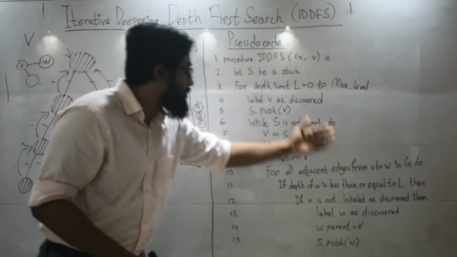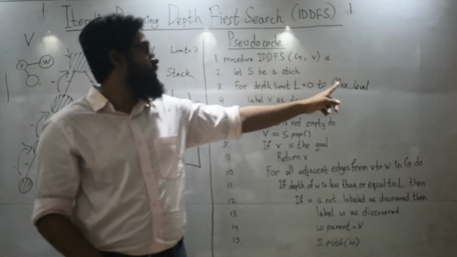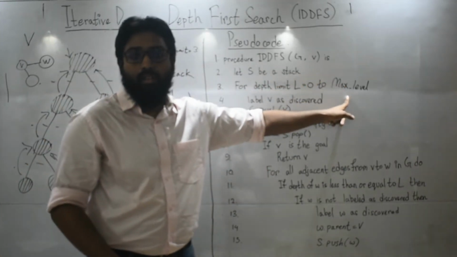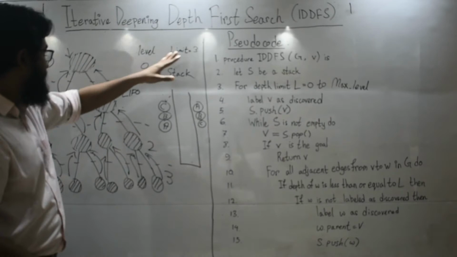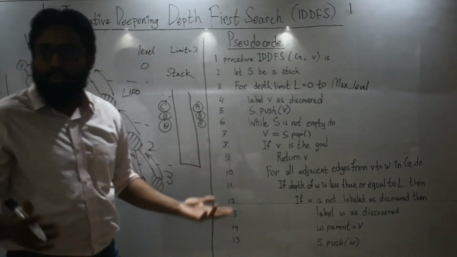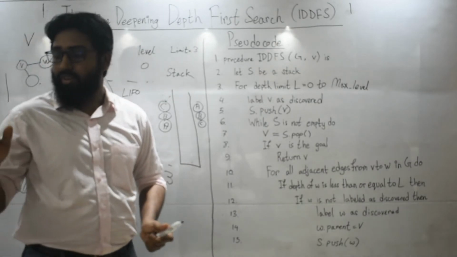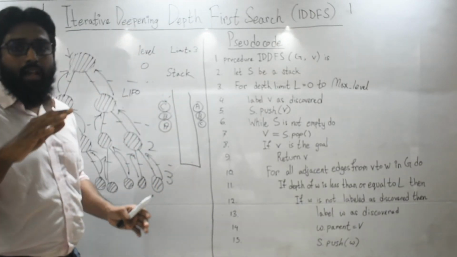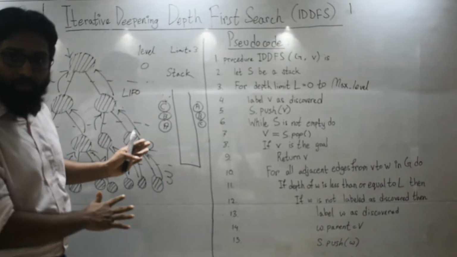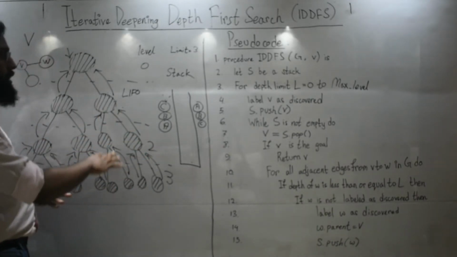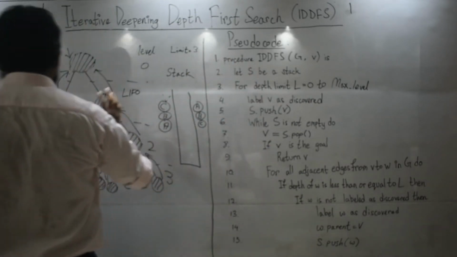And you will keep doing all these until you have reached the max level. So in this example, maybe it's 3, maybe in other ones it might be more or less. Okay, so we're running 14 minutes, so I will try to show you another example, time permitting, using this entire algorithm. Okay.